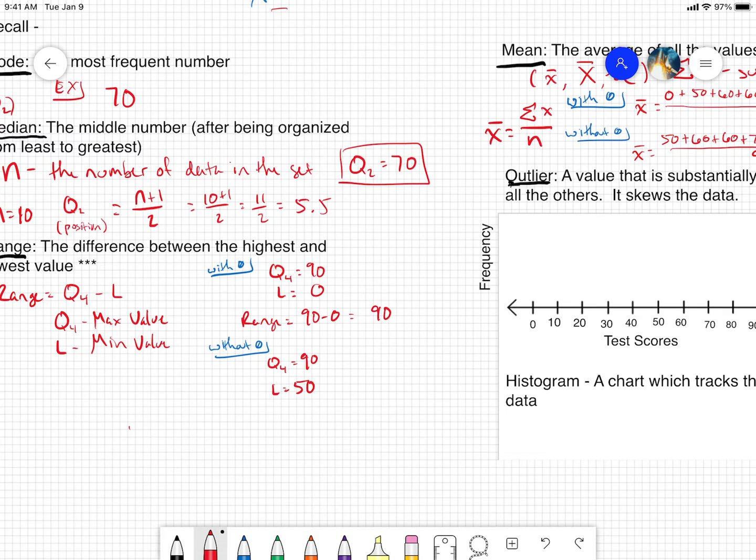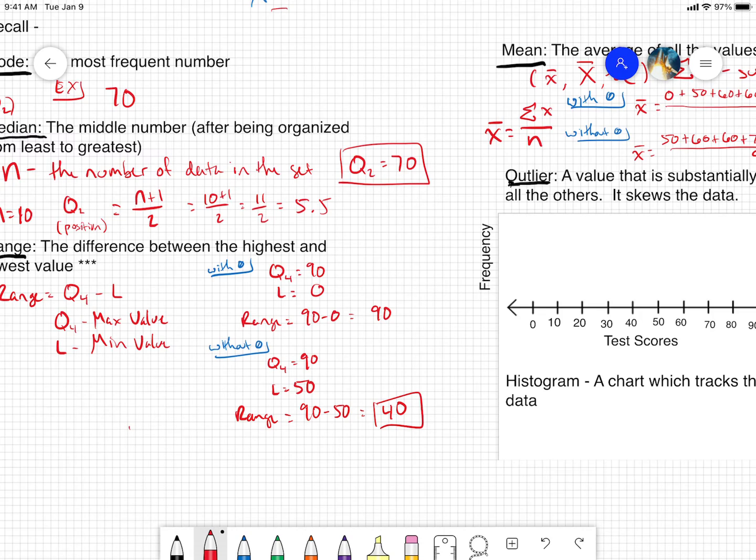So my range now becomes 90 minus 50, which is equal to 40 values. So one number has such an impact on the range that it changes it by 50 points. That's huge for one number to have that much of an effect. That's why it's an outlier.